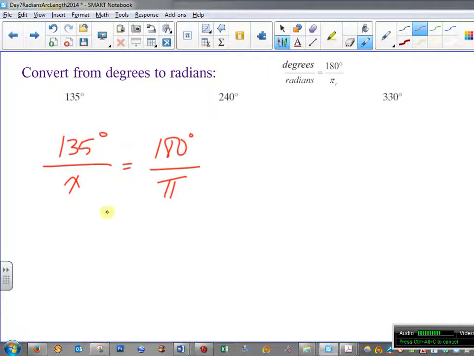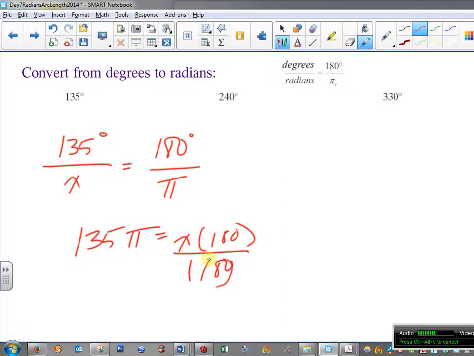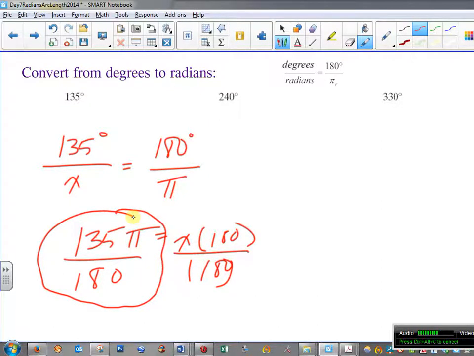In order to solve this, we'll just cross multiply. 135 pi is equal to x times 180. Simply dividing both sides by 180 will get you a new fraction, and that's in radian measure. You just have to make sure that that fraction is a reduced fraction.